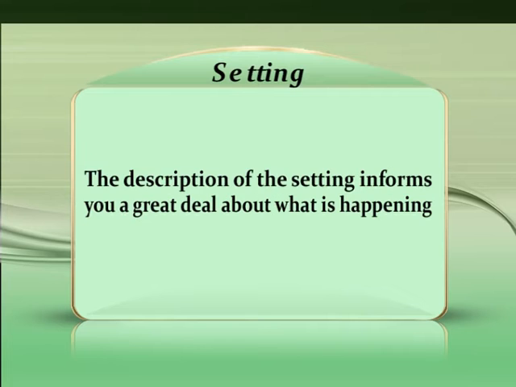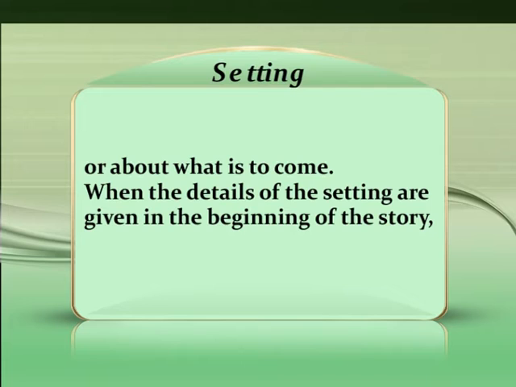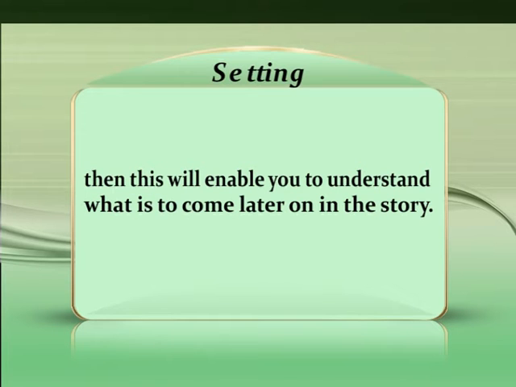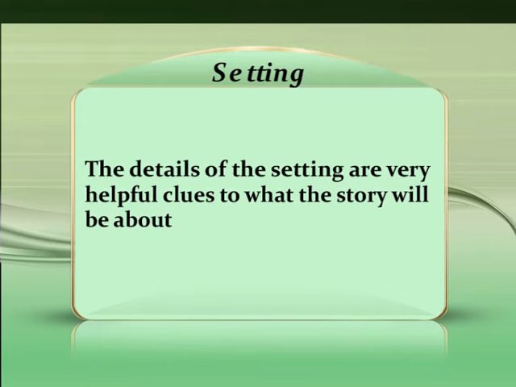The description of the setting tells you a great deal about what is happening or about what is to come. When the details of the setting are given in the beginning of the story, this will enable you to comprehend what is to come later on in the story. The details of the setting are very helpful, close to what the story will be about.